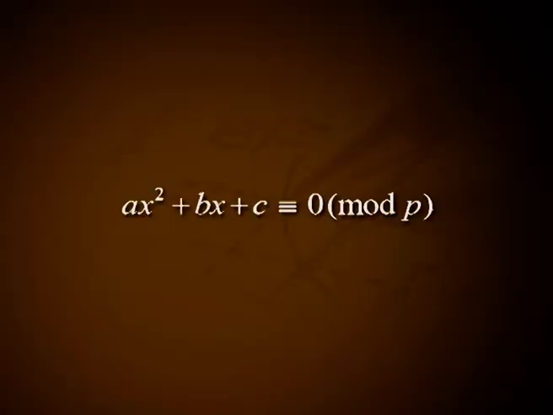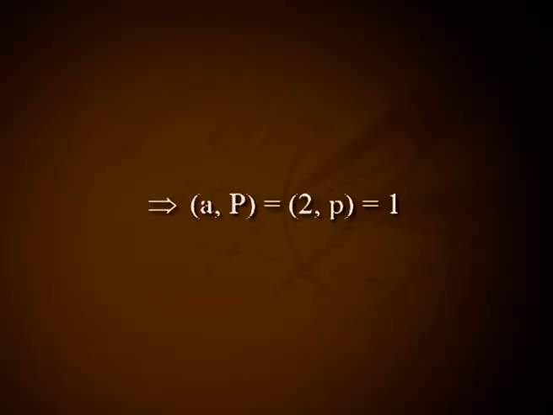We now have the quadratic congruence ax² + bx + c ≡ 0 mod p, where a, b, c are integers and p is a prime such that p does not divide a and p ≠ 2. Since p does not divide a and p is an odd prime, GCD(a, p) = GCD(2, p) = 1.